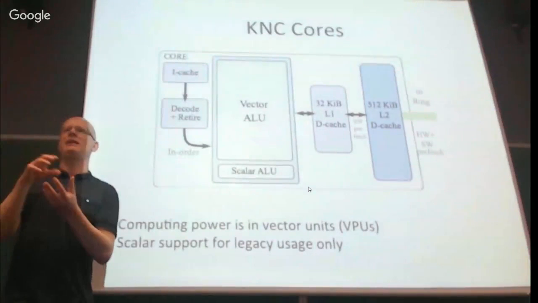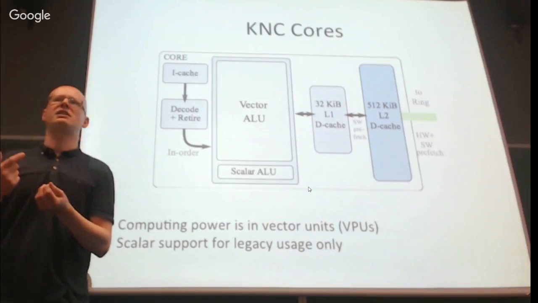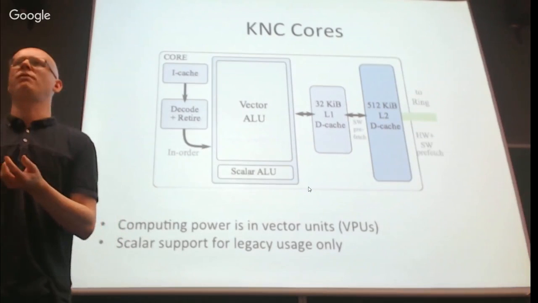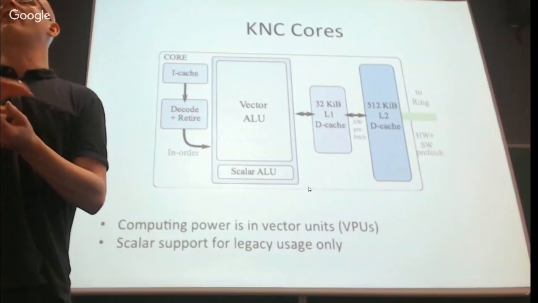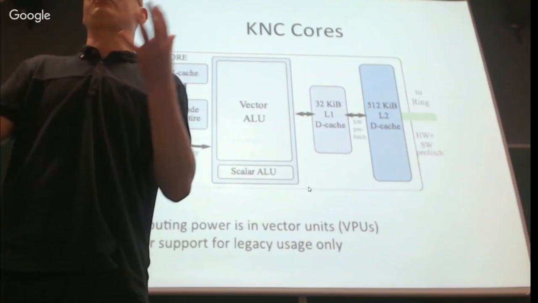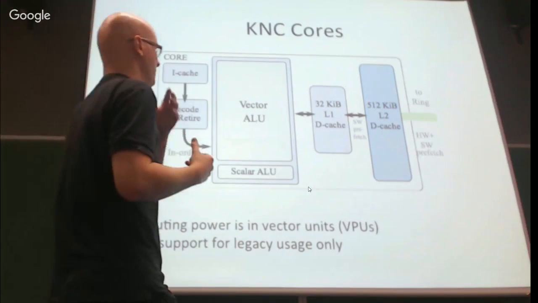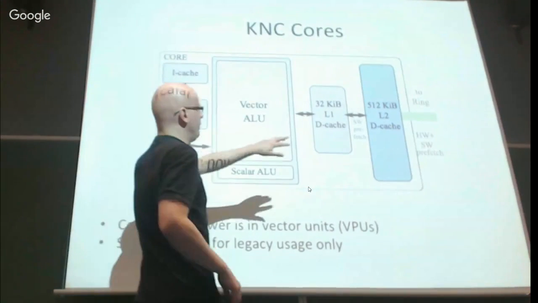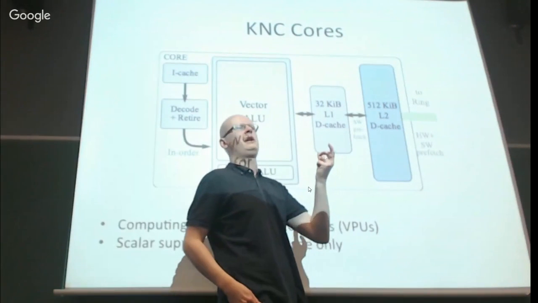What that means is you need to localize your data much more so than you did on the Xeon. You need to think about caching techniques like cache blocking and cache tiling much more so than you did on the Xeon. You got away without doing all that on the Xeon because you had the large LLC, but you don't have it on the Xeon Phi anymore. It's 512 kilobytes per private L2 cache.